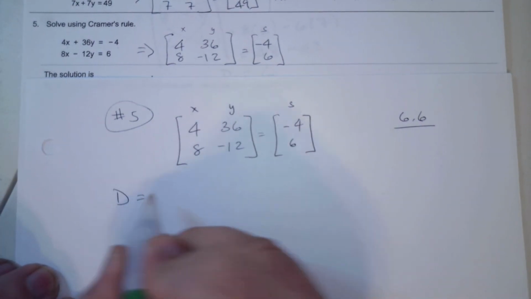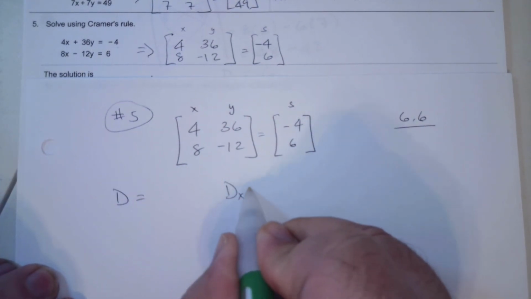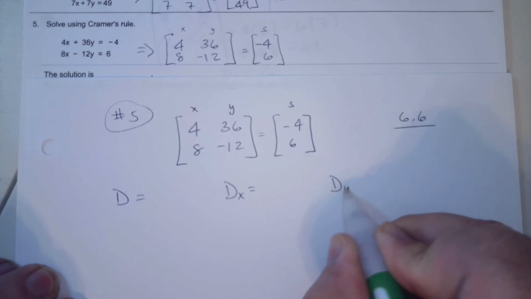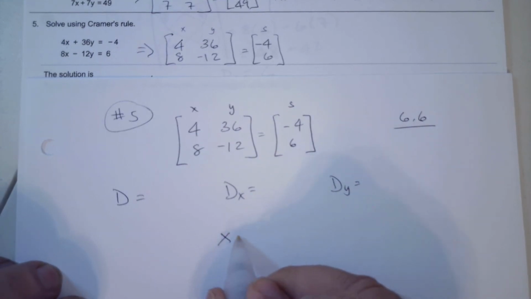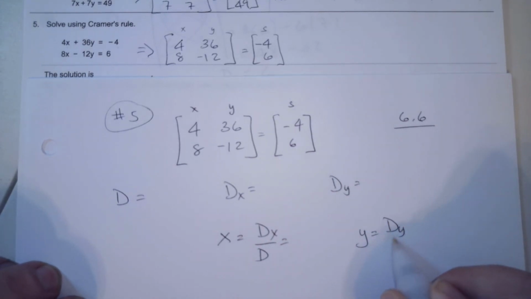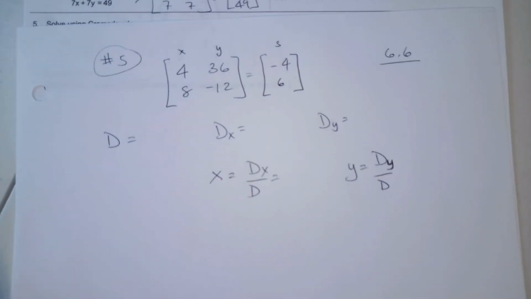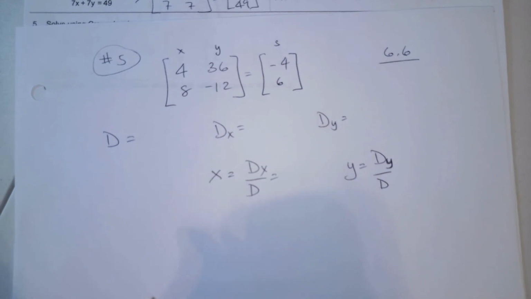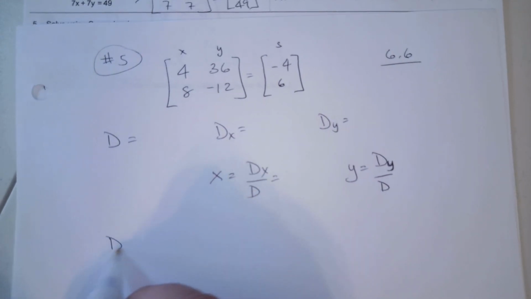Remember, we have to figure out d, dx, dy, then we have to figure out what x is. That's dx over d, and then y is dy over d. So let's figure out our first d.